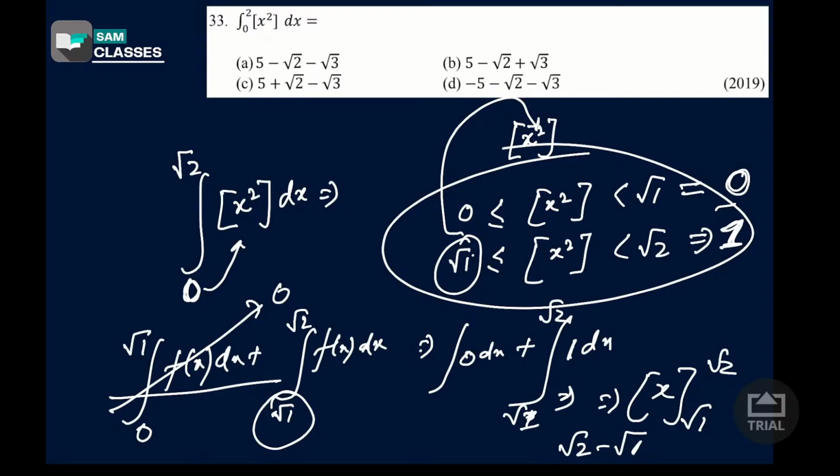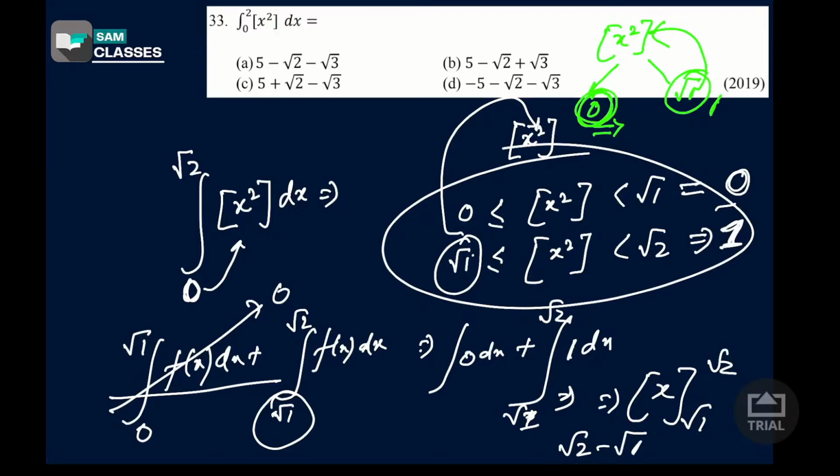See, basically, the box gives me the smallest integer. If I'm putting values from 0 till root 1, what is the smallest integer? 0. The biggest integer, if I put it here, I'll get 1. So the greatest integer function, though the name says greatest, always takes the least value.